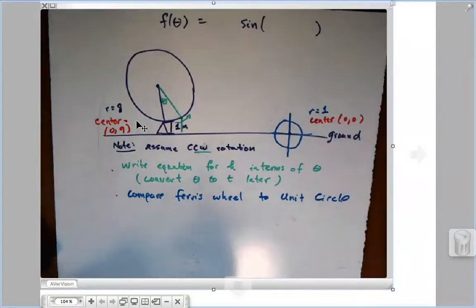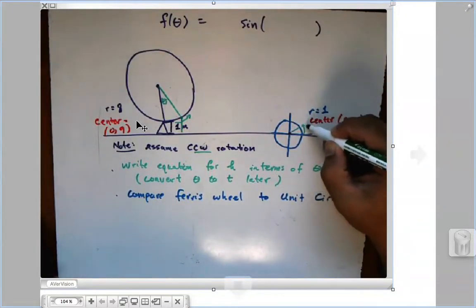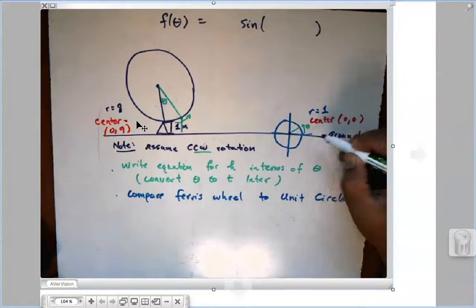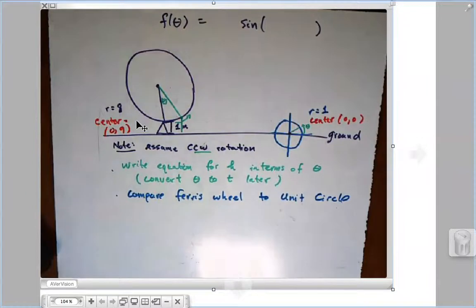Notice here that for the unit circle Ferris wheel, we are rotating starting from standard position, whereas for Emily, we're starting from the bottom of the wheel. Okay? And so that's going to make a little bit of a difference.